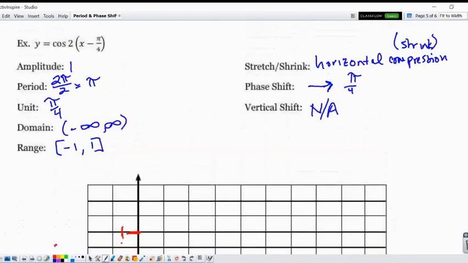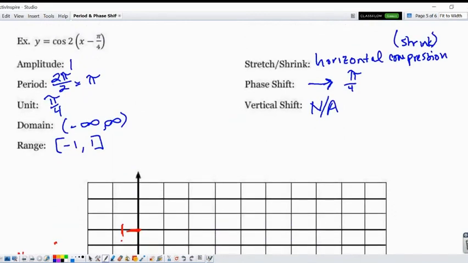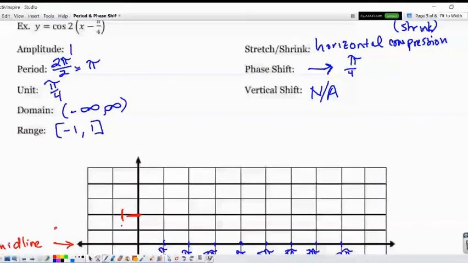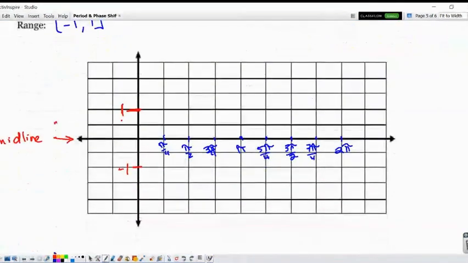So as I sketch this in, looking at our period of pi and our unit of pi over 4, and since this is a cosine graph, we would start at a maximum value and come down and hit our x-intercept, down to our minimum, back to our x-intercept, and back up to the max. So typically that cosine graph starting at a maximum and completing 2 cycles where it used to just complete 1.